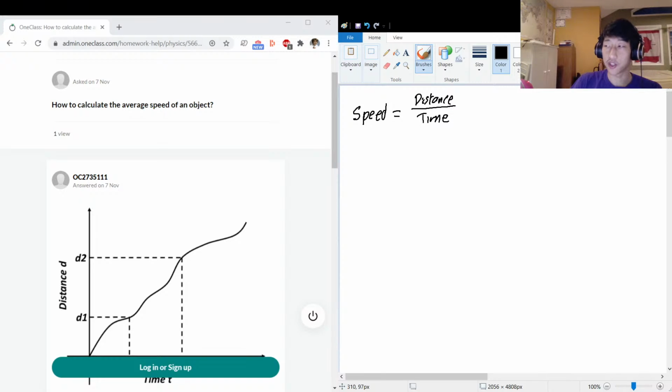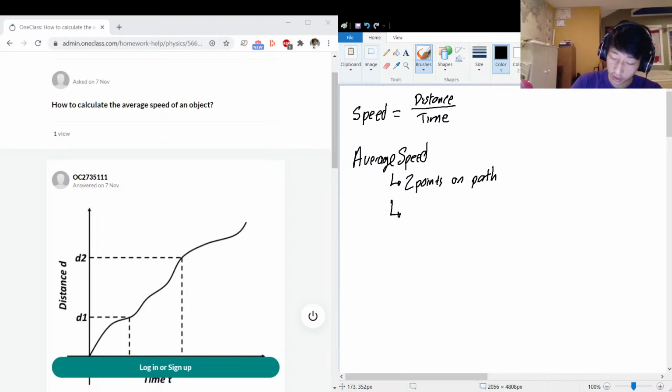So to calculate the average speed, you want to take 2 points. So for average speed you need 2 points of interest on the path.